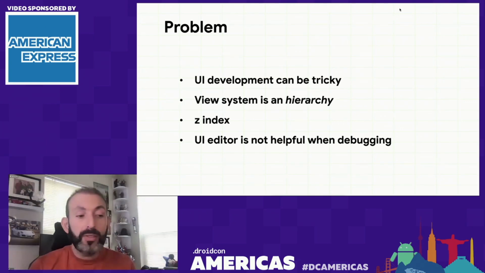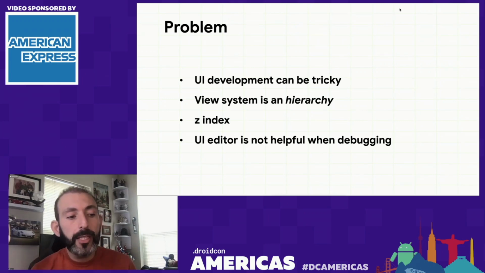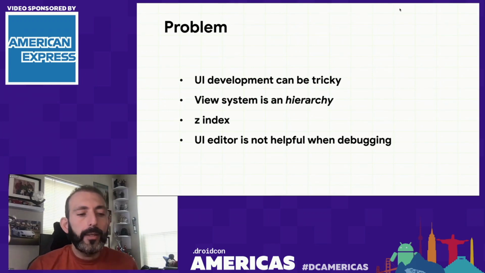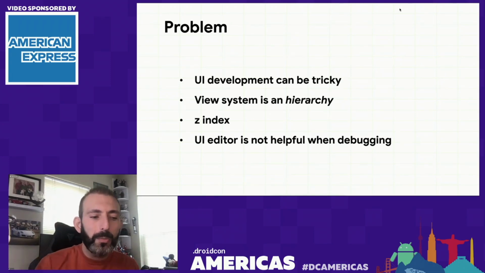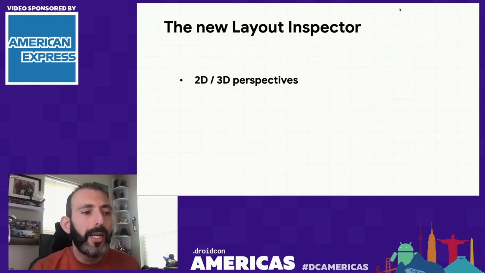The UI editor is great, but when you're debugging issues, it's not always helpful because it doesn't reflect what is really going on on the device screen. On the other hand, we all know what could help. We're actually familiar with those kinds of debugging tools from Chrome DevTools. If only we had something similar to Chrome DevTools for Android. So the new Layout Inspector is getting pretty close to that.